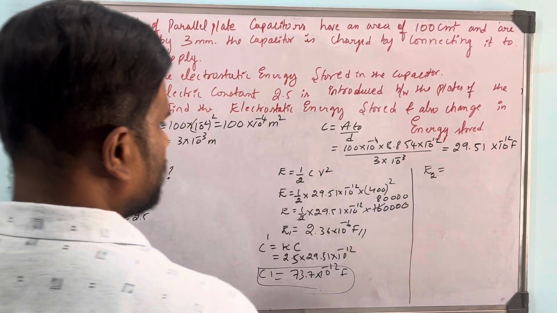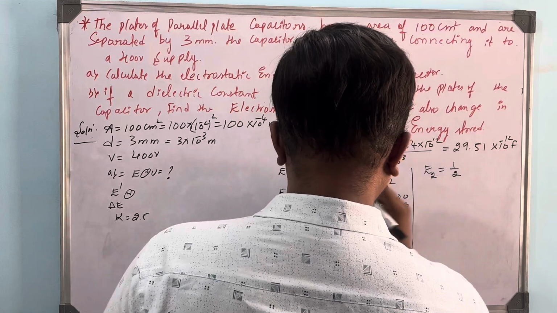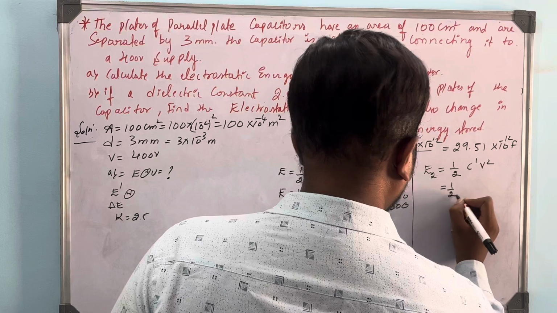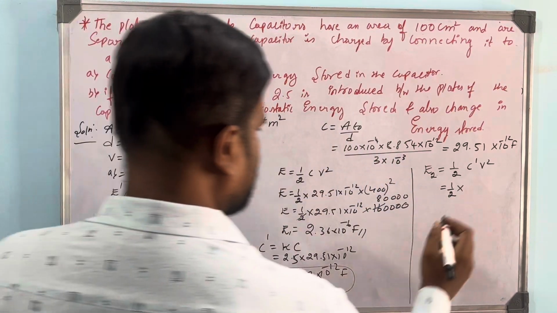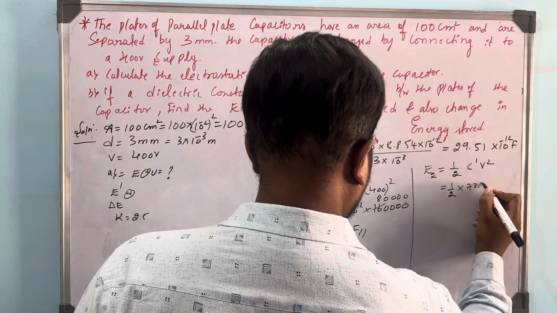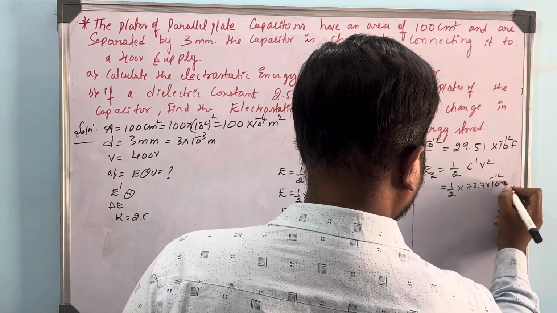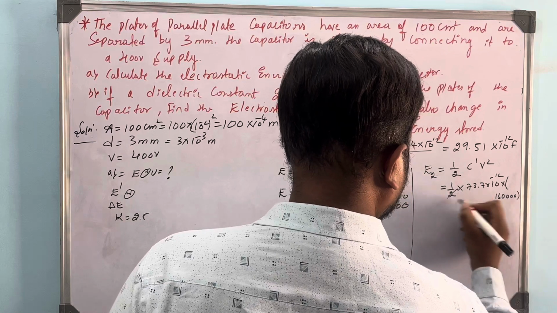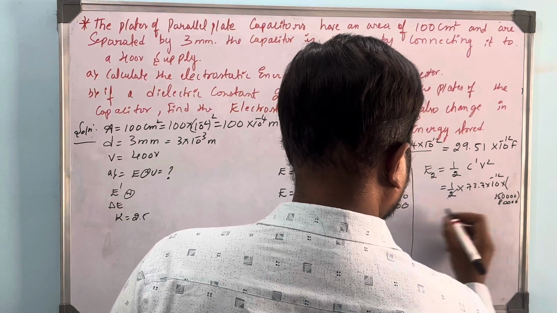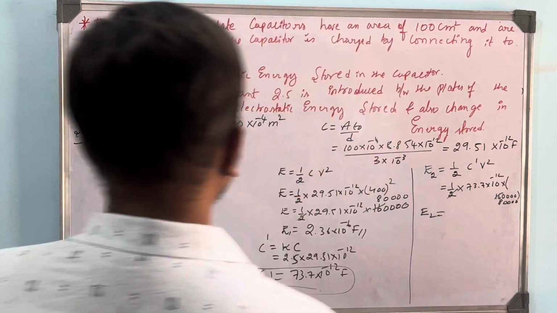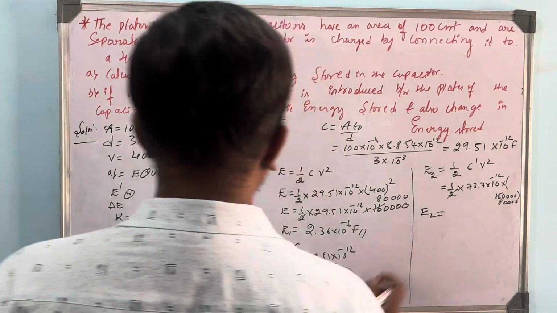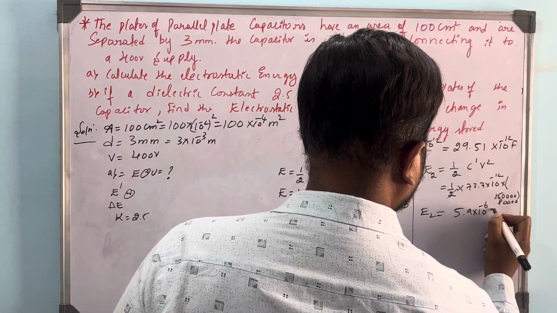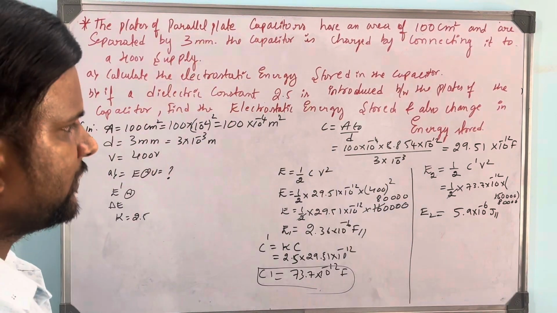E2 is equal to half C dash V square, which is half into 73.7 into 10 to the power of minus 12 into V square, again 160,000. If you simplify this, we will get E2 as 5.9 into 10 to the power of minus 6 joule. So this is the answer.